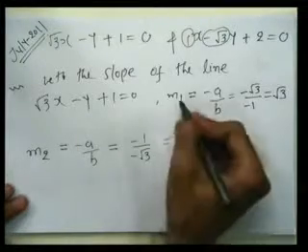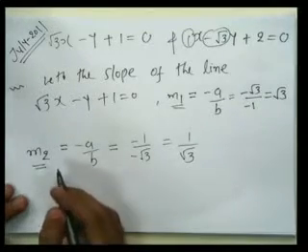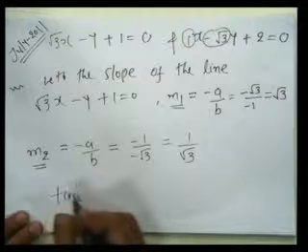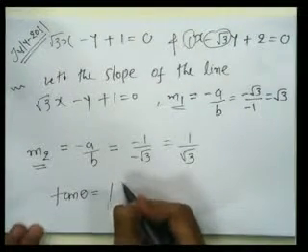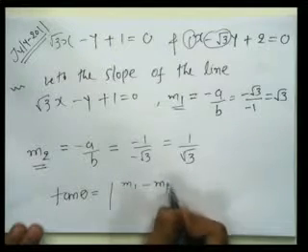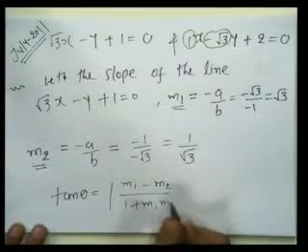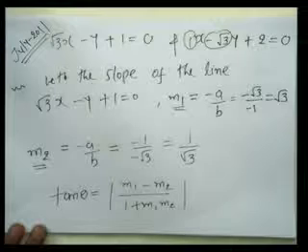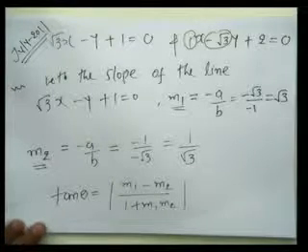Now we have m1 and m2. So our formula to find the angle between these two lines, as we have discussed, is tan theta is equal to mod of m1 minus m2 upon 1 plus m1 into m2. Here m1 is equal to root 3 and m2 is equal to 1 upon root 3, right?